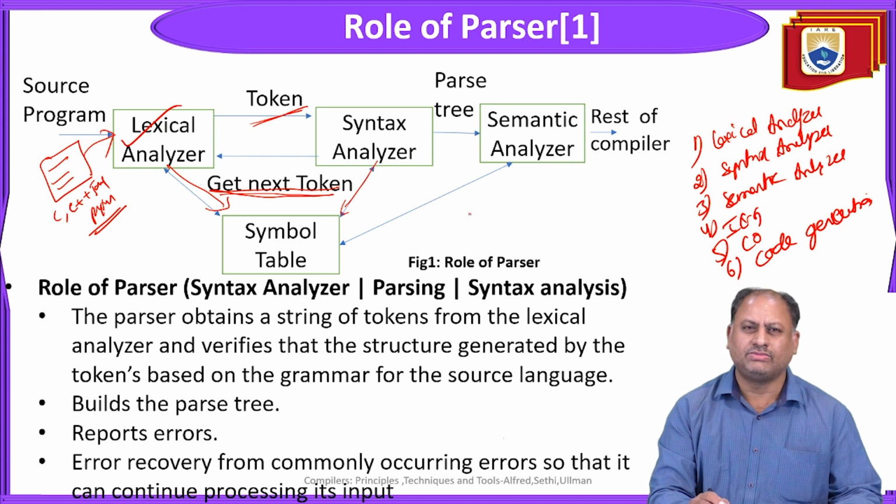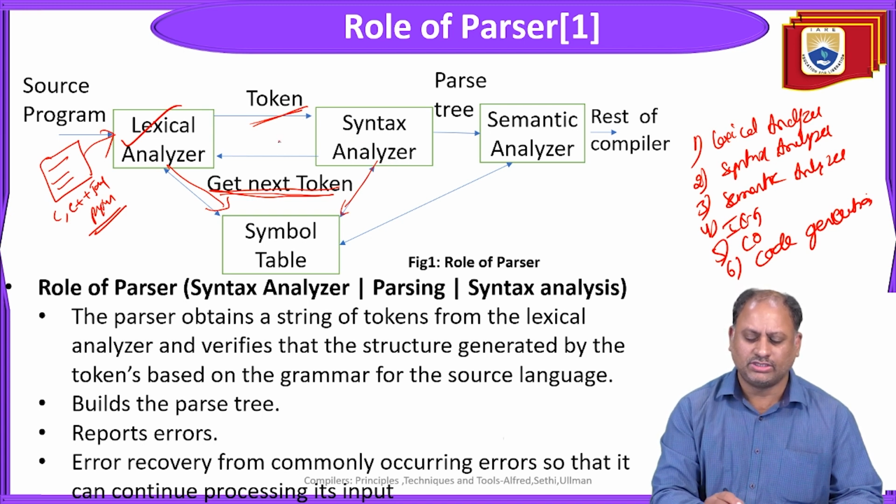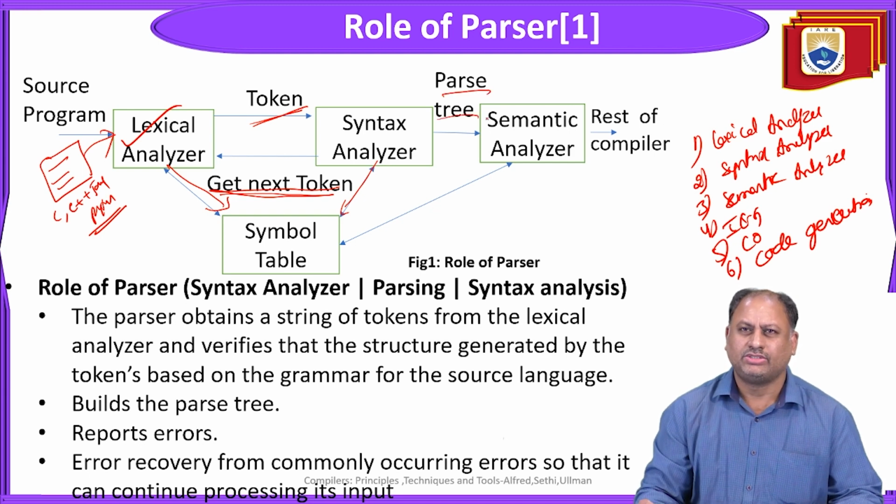After successful generation of tokens by this first phase of the compiler, the lexical analyzer, the tokens are accepted by the syntax analyzer, which then generates a parse tree notation. Shortly we are going to see the different types of parse trees.